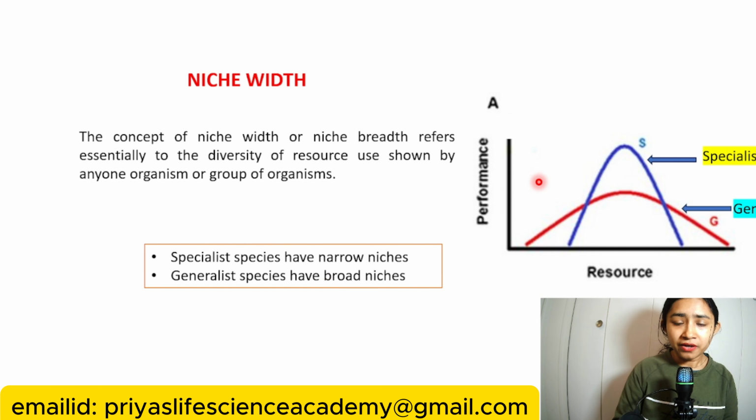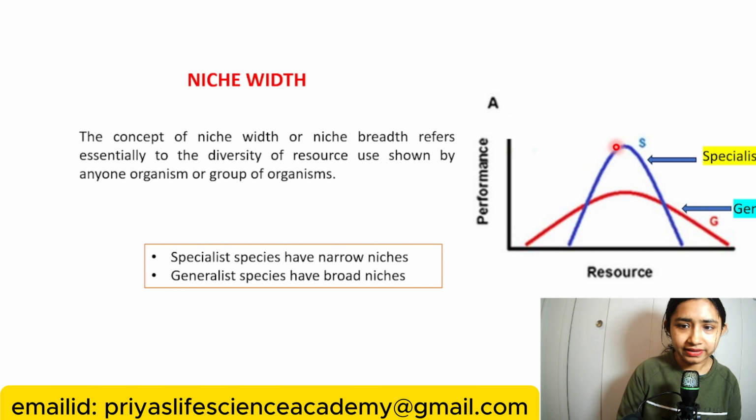Why? From the picture you can understand that on the y-axis is performance and on the x-axis is resource, like the type, amount and diversity of resource. Here you can see that specialist species have a choice. They will only consume a certain type of food.